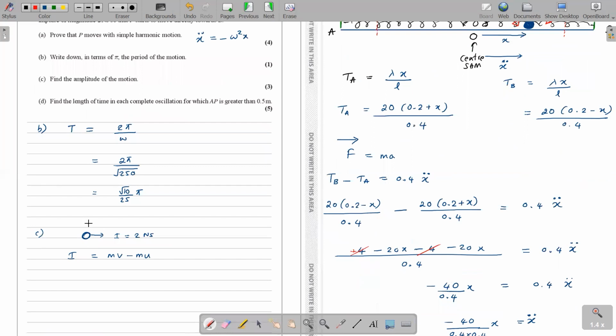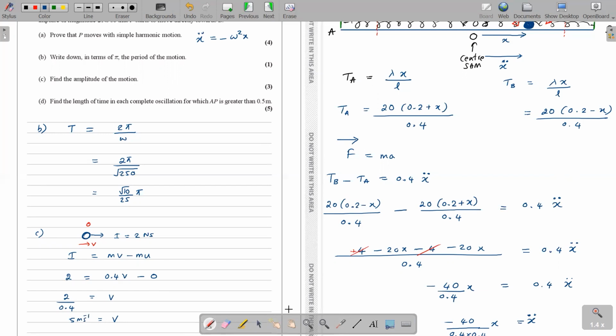At the beginning the speed was 0. Impulse is 2 Newton seconds, mass is 0.4, final velocity is what we are trying to find, initial velocity is 0. How much is the velocity immediately after giving the impulse? 5 meters per second.